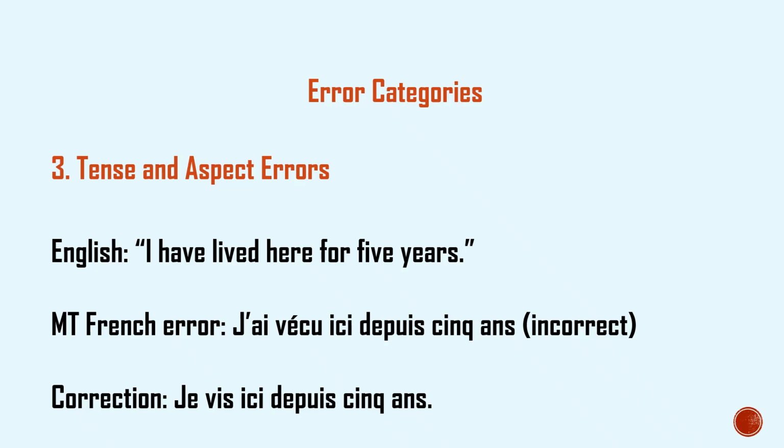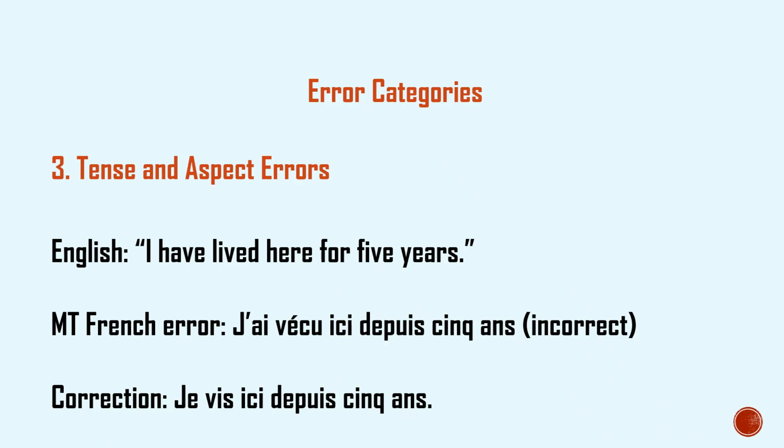Let's see this example in English. The English sentence is in the present perfect. I have lived here for 5 years. And the machine translation system rendered it into French as J'ai vécu ici depuis 5 ans.